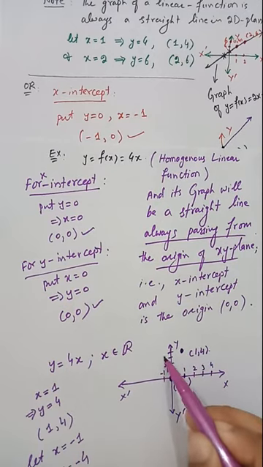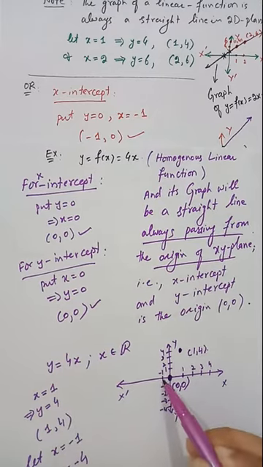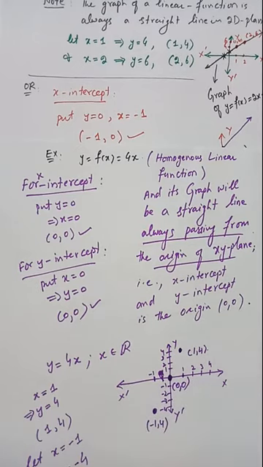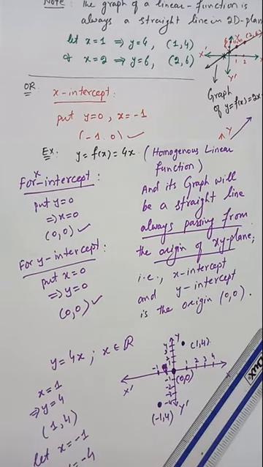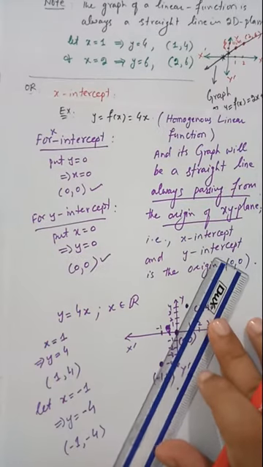This is 1 2 3 4, and this is -1 -2 -3 and -4. So that point is (-1, -4). So you need to join these points, you need to pass a straight line through these points, so you will get the graph of the given linear function.